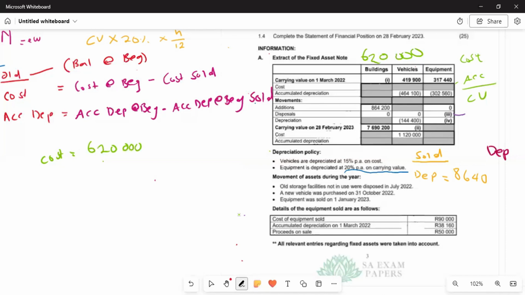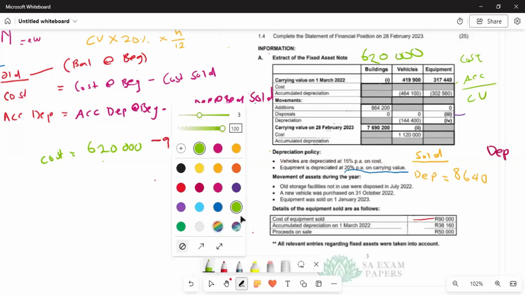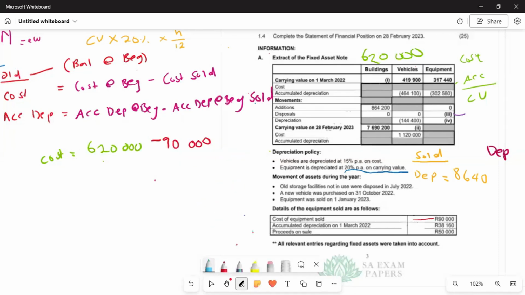So now let us calculate the cost of our sold. So here, the cost of our sold equipment was given as 90,000. So I'm going to subtract 90,000 here. Now I need to do the same for my accumulated depreciation, right? So my accumulated depreciation at the beginning of the year, this was given.